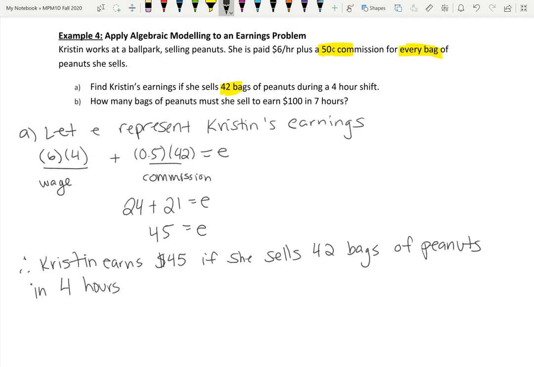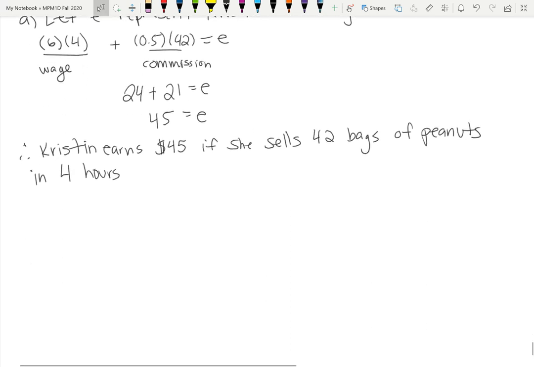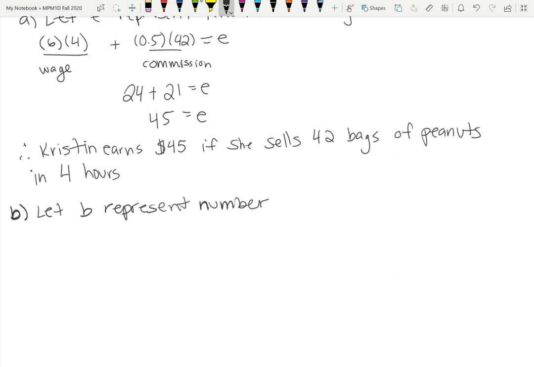B, how many bags of peanuts must she sell to earn $100 in 7 hours? Let B represent the number of bags of peanuts.